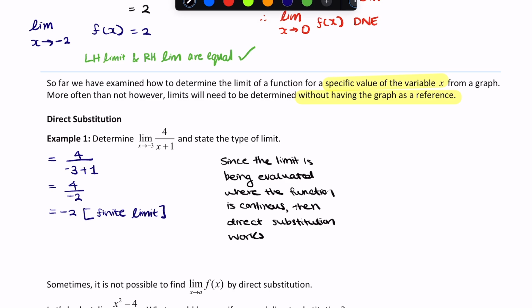And if you look at how this graph would look, it would look something like this. So if I draw a graph, like here. This is one. There's that vertical asymptote here.